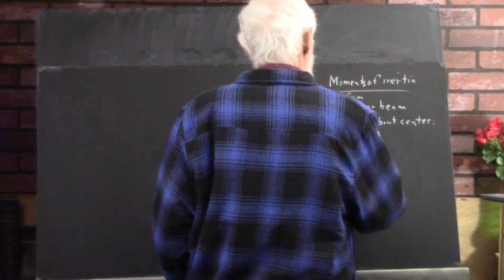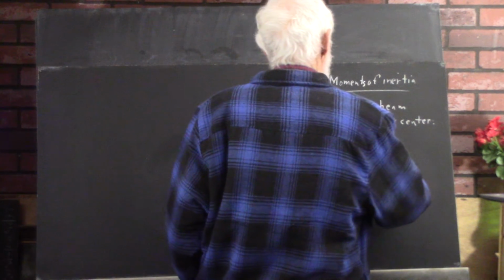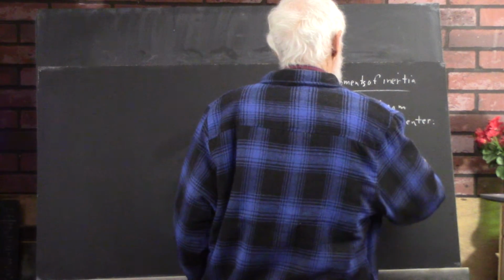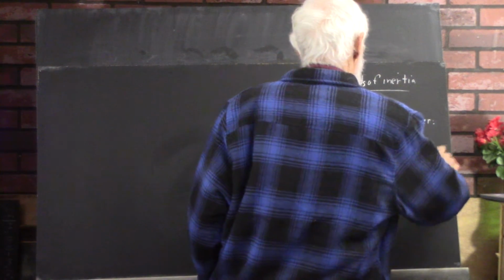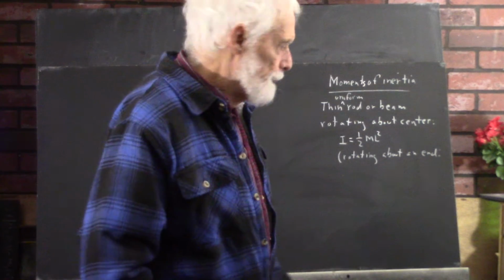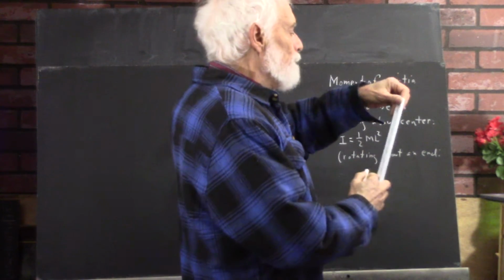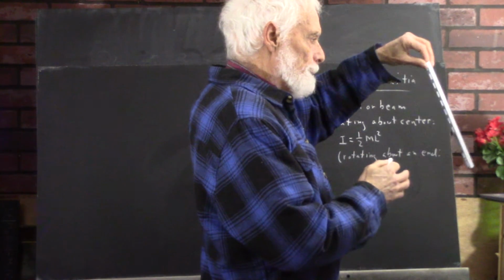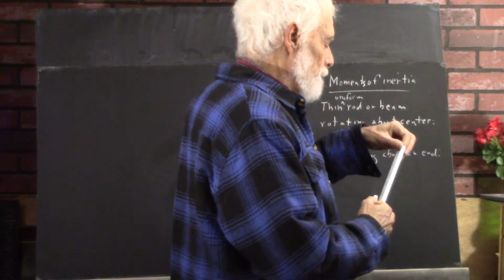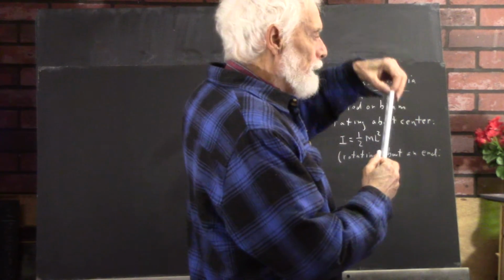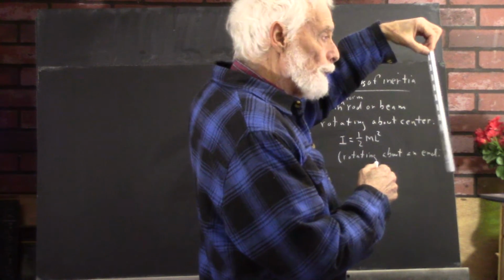And then if it's rotating about an end, and I'm not going to write this down, I'm just going to say it, for example, treating this as a pendulum, you're going to want to analyze the moment of inertia. If the pendulum is suspended from one of its ends, then it's rotating about that end.